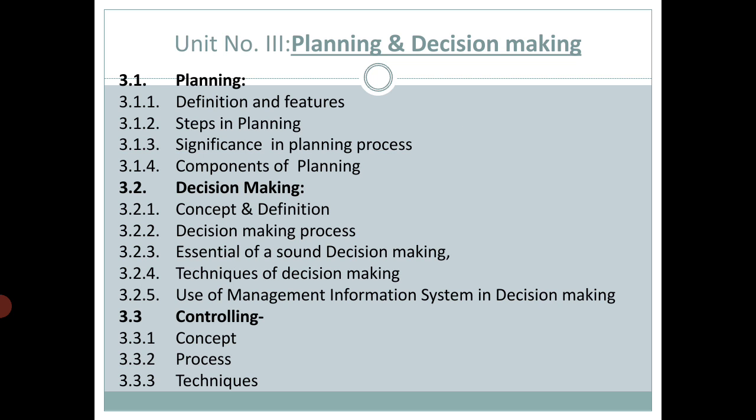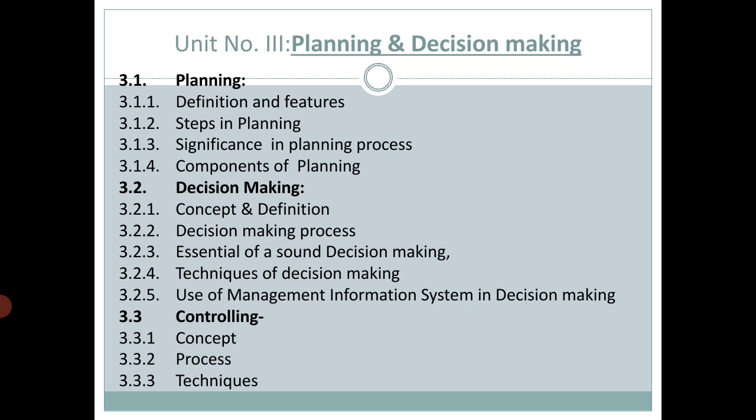Okay, then the third unit is titled planning and decision making, in which the contents included are planning, decision making, and controlling. We have gone through the definition, what planning is, what the different features are, what the steps in planning are, why the planning process is important, and what the different components of planning are.